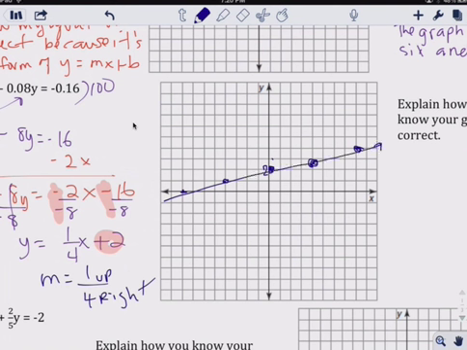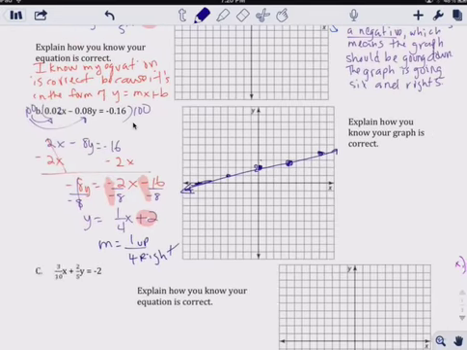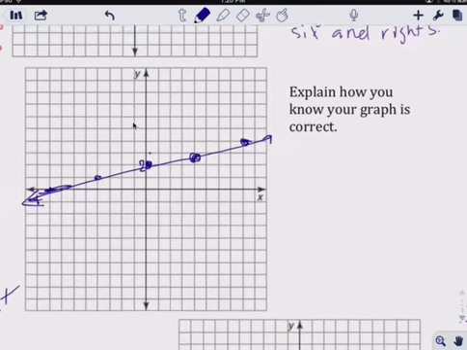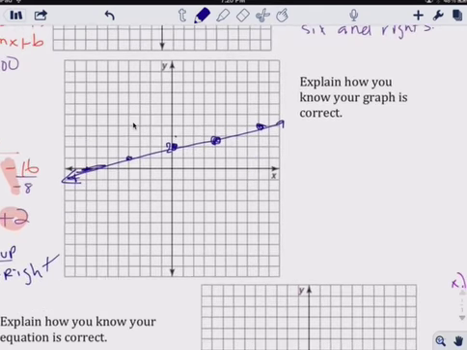It can go on forever, so that's why you put an arrow at the end. That's our graph. How do you know the graph is correct? The graph is correct because the y-intercept is at 2.